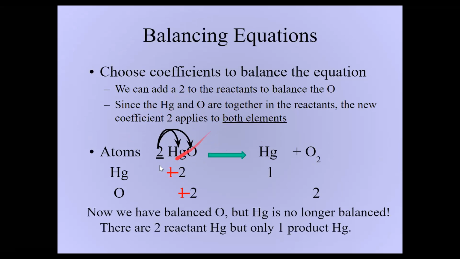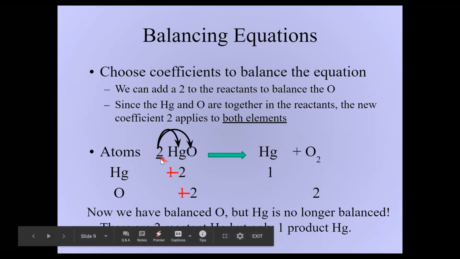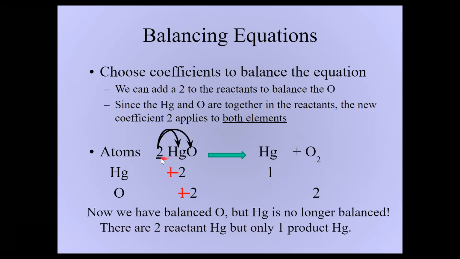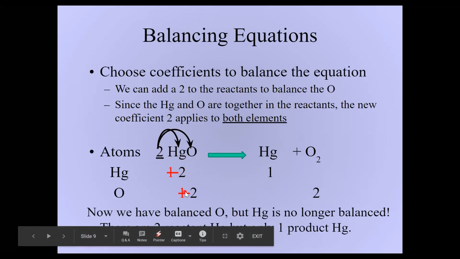So now, instead of having 1 Hg and 1 O in the reactants, we have 2 Hgs and 2 Os in the reactants. So down here, all I did was cross out the 1 and put a 2, because that's what we have now. Crossed out the 1 that was there before and put a 2.